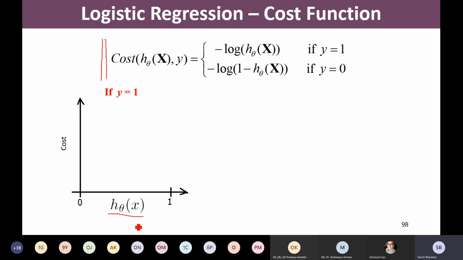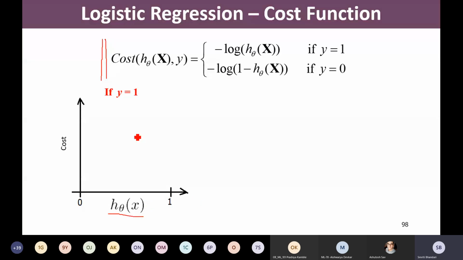Because our h theta x is the hypothesis that is a sigmoid function, and sigmoid function outputs a value in this range 0 to 1, right? And that is why on this x-axis we are having these two limits denoted here as 0 and 1. So h theta x value will lie in this range.